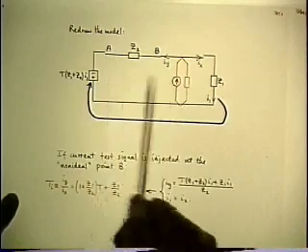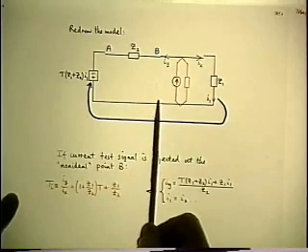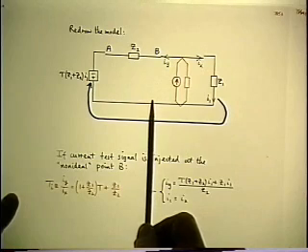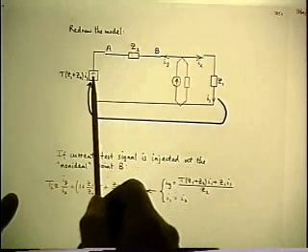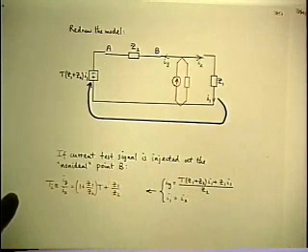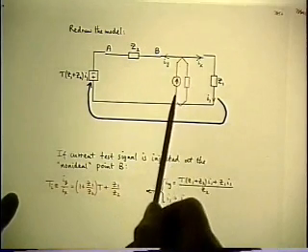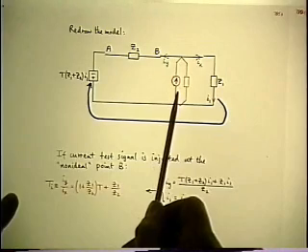Incidentally, you may have noticed that all of these injecting sources that I've been showing in the last several minutes have been non-ideal injecting sources. Because if we're going to account for a non-ideal generator inside the actual circuit, we better also account for the fact that our injecting source isn't ideal either. And the same with the current. So we've got an impedance in parallel with the current injection.